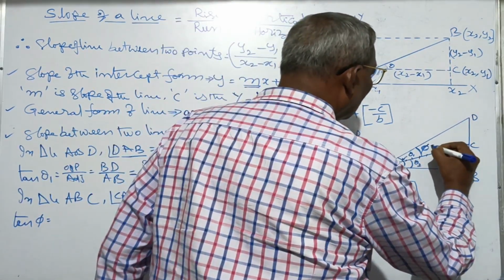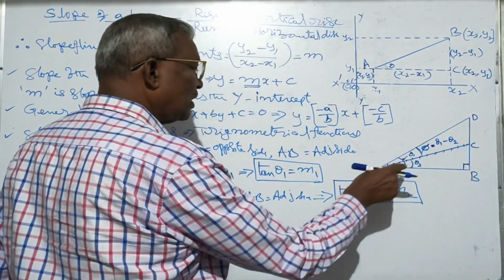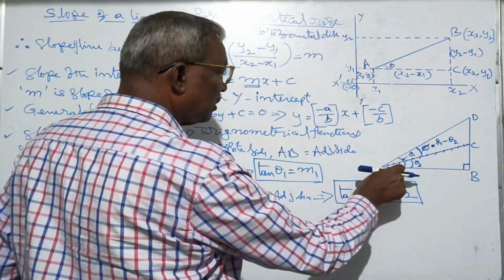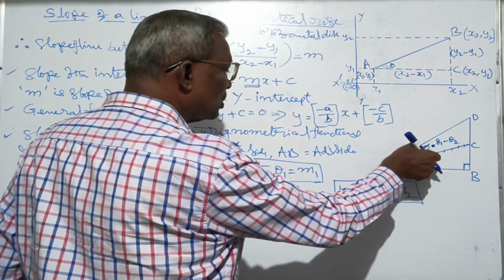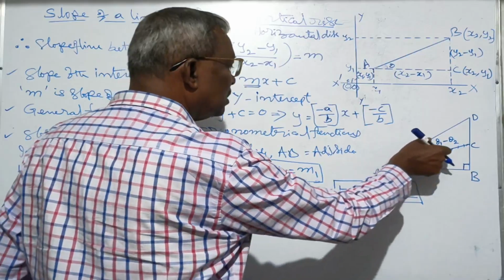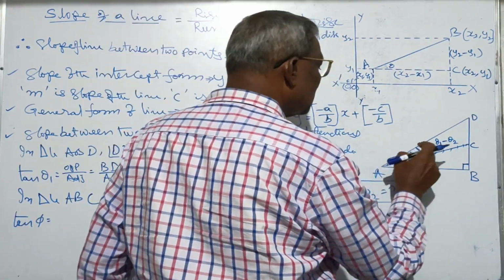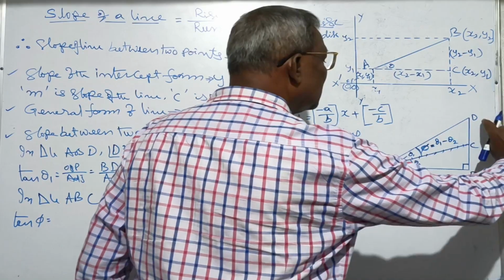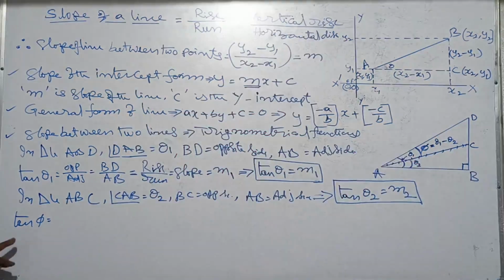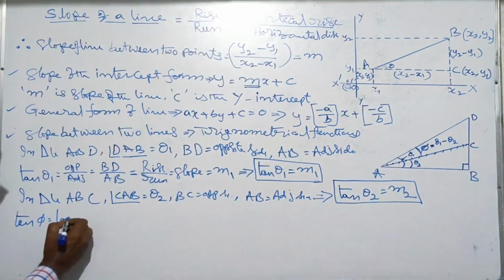So this is the difference angle. With this difference angle, the rise is CD. So tan phi is equal to tan of theta 1 minus theta 2.